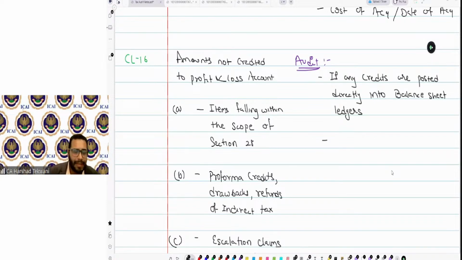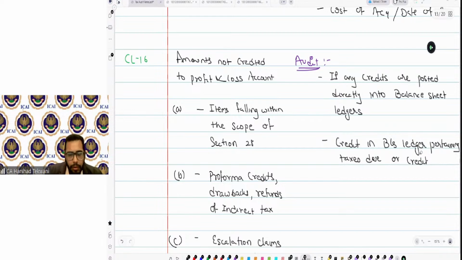The way you have disclosed them in your balance sheet, if there is any amount shown as payable or to be received from governmental or statutory authorities, and you have some credits in that, then by verifying those credits in balance sheet ledgers pertaining to taxes due, or where you have paid more and have a balance available, as an asset, those credits are required to be seen.